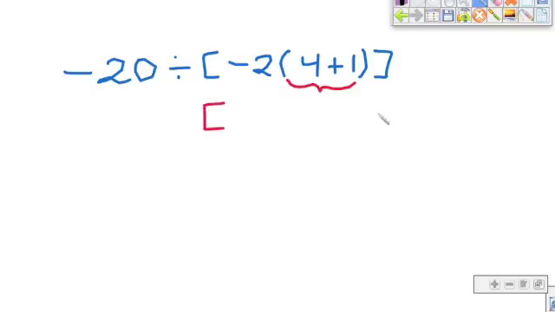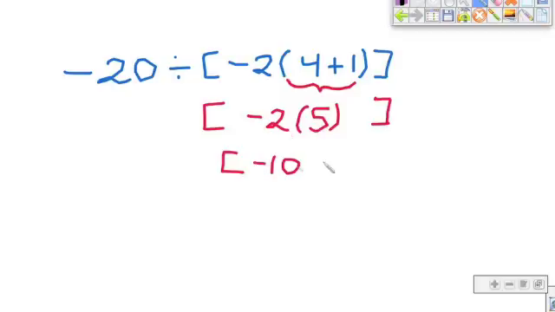So bring down your brackets. 4 plus 1 is 5. Bring down your negative 2. Now, obviously, you can see that the 2 is being multiplied to the 5. So in my brackets, 2 times 5 is 10. A negative and a positive equal a negative, and bring down my other bracket.